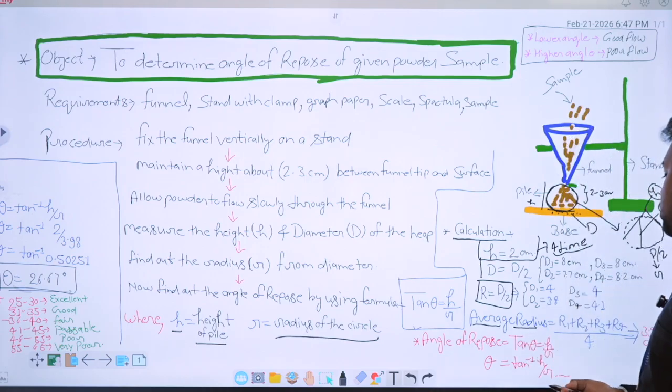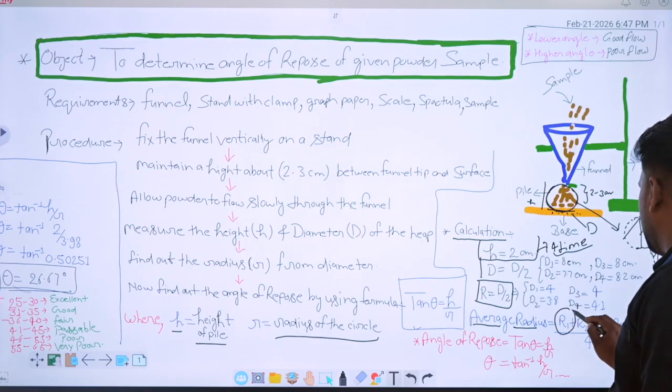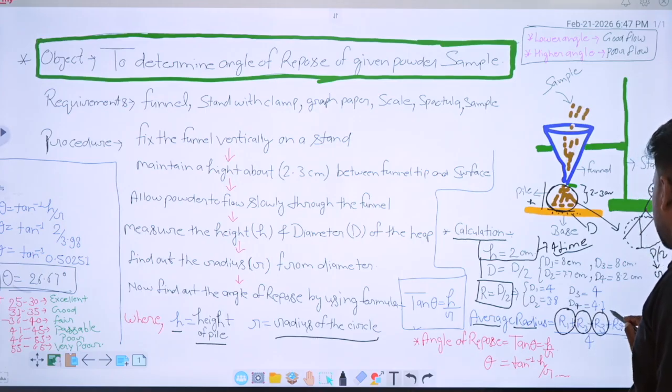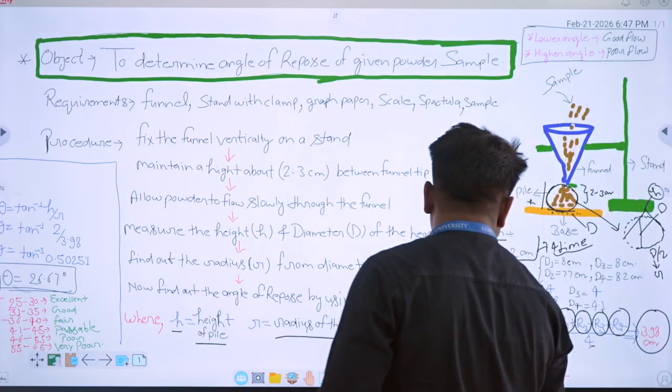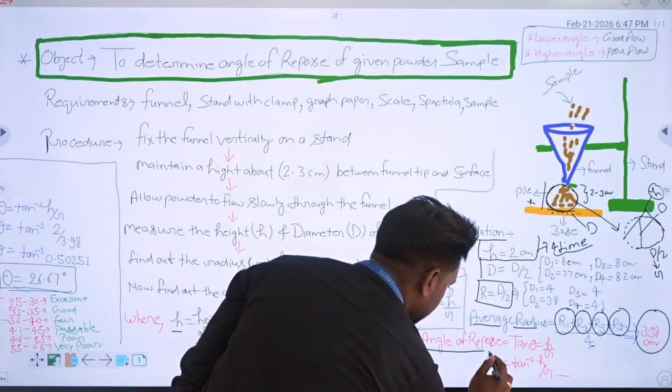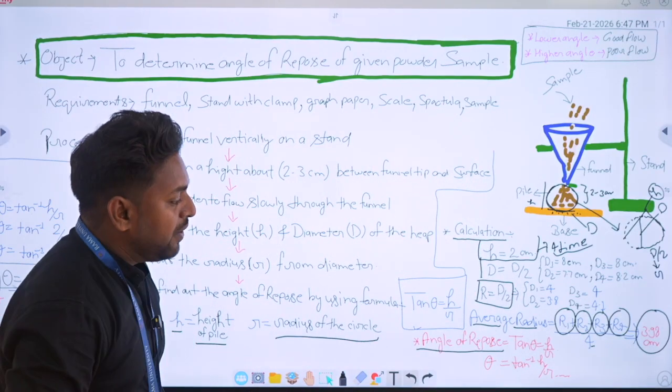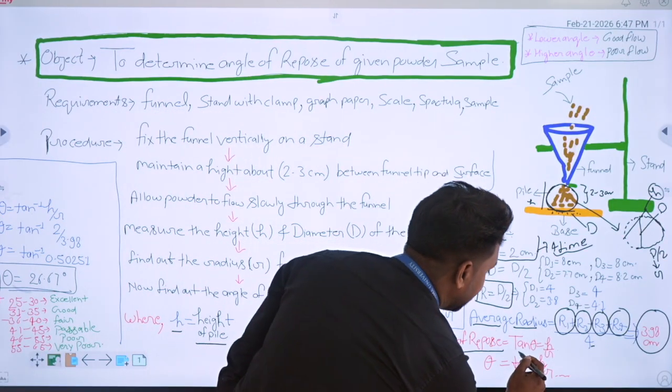How can we find the average radius? We put the values of r1, r2, r3, r4 and divide by 4. This is 3.8 centimeter.